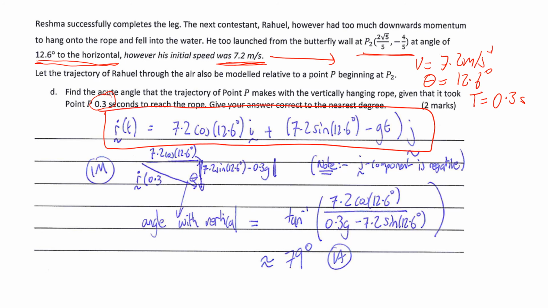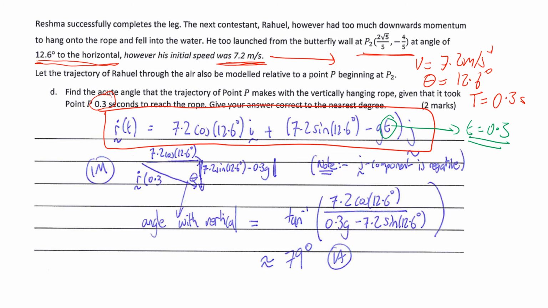So in Rahul's particular situation, there it is, that's his constant velocity, 7.2 meters per second resolved in the i direction, 7.2 cos 12.6 i plus (7.2 sin 12.6 minus gt) j. I didn't have to give you that information, but it was just to save some time. We're told that t is equal to 0.3 seconds in this particular case. Then we've got both the i and j components for his velocity at the moment Rahul hits the rope.